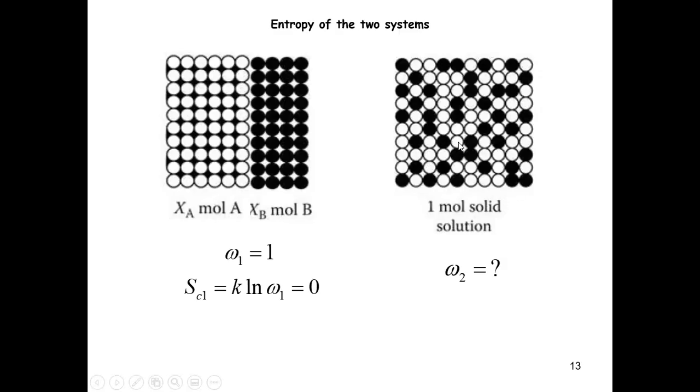So the key, or equivalently, the entropy of mixing, comparing two states of the system, amounts to finding out the number of different ways that you can pack these black and white atoms on this particular lattice. Does this make sense to everyone?